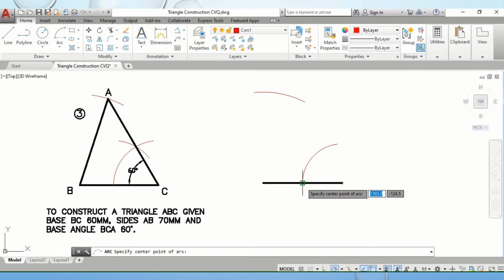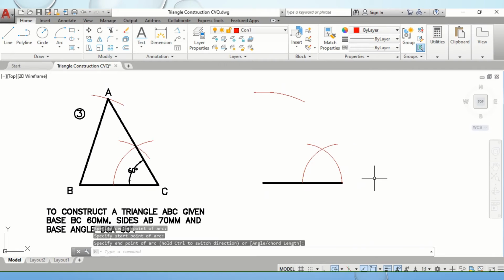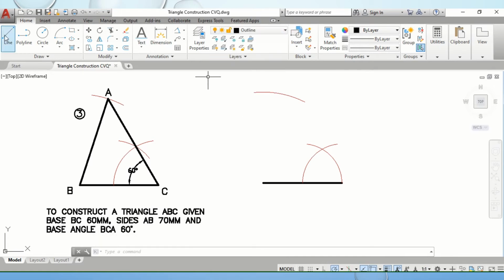And from that arc, to the same radius, we're going to draw a second arc to intersect. And when those two arcs intersect, it will give us an angle of 60 degrees.